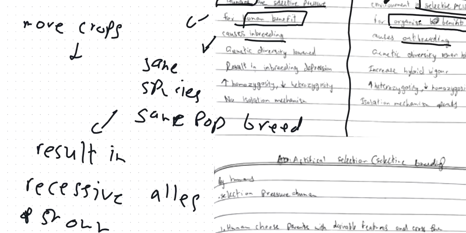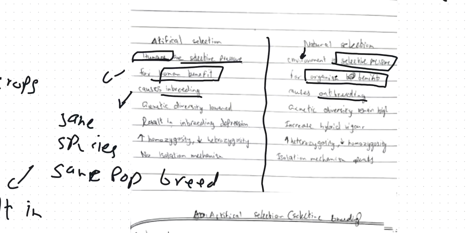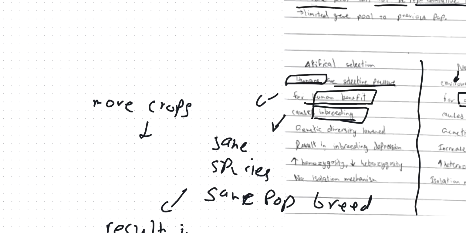So artificial selection can cause inbreeding, because remember that if you want better crops, then you'll cross the crops that are better. So humans won't look at whether the species or the population are the same or not. They'll just inbreed. But natural selection causes outbreeding.